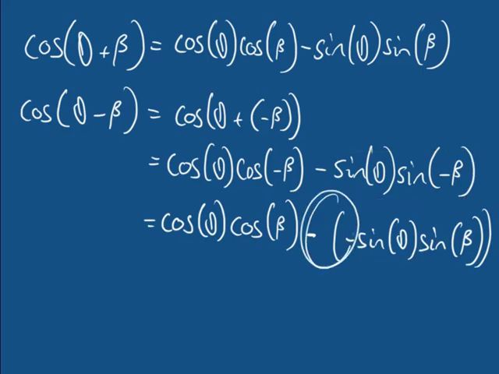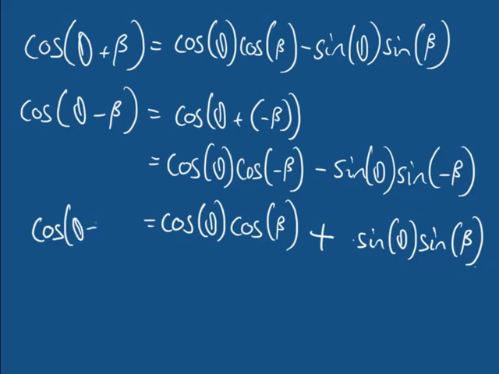So these two minuses here are going to become a positive, because minus a minus number becomes a plus. So we have, as our fourth and final identity, that the cosine of theta minus beta is equal to the cosine of theta times the cosine of beta plus the sine of theta times the sine of beta.